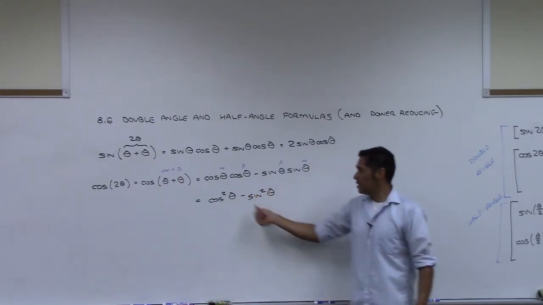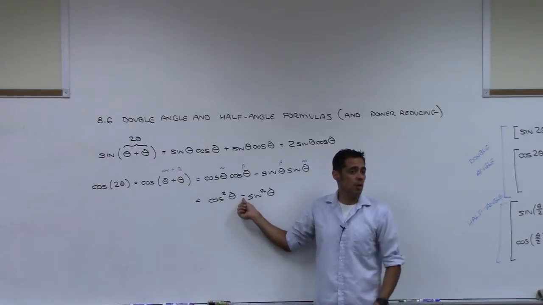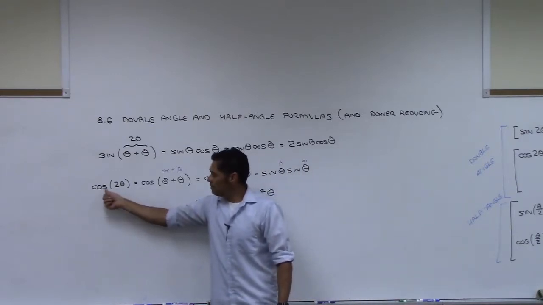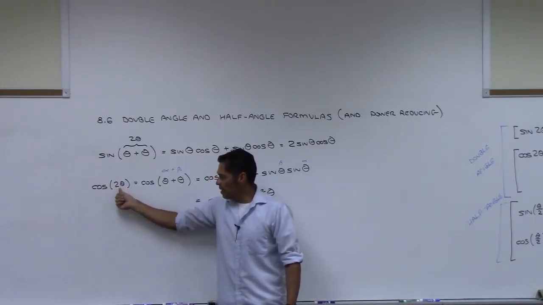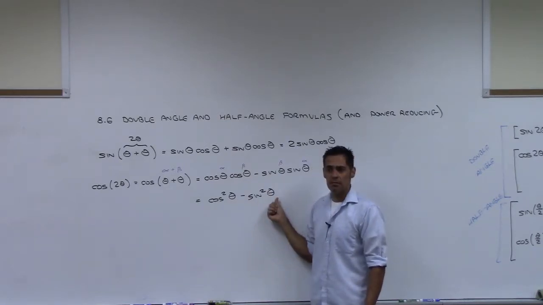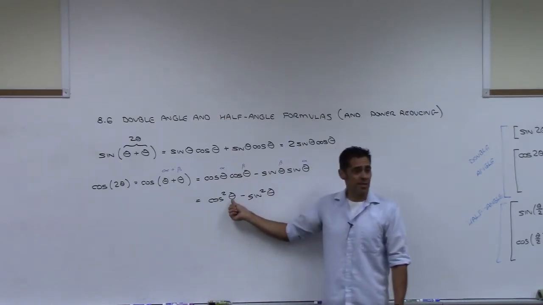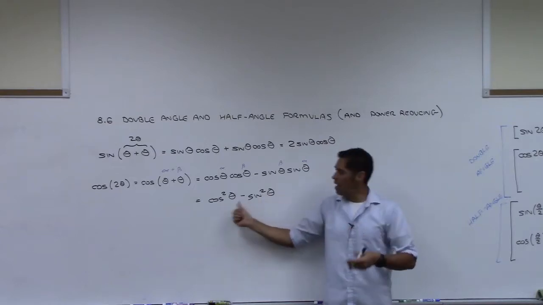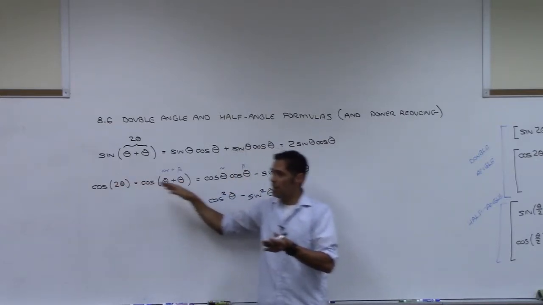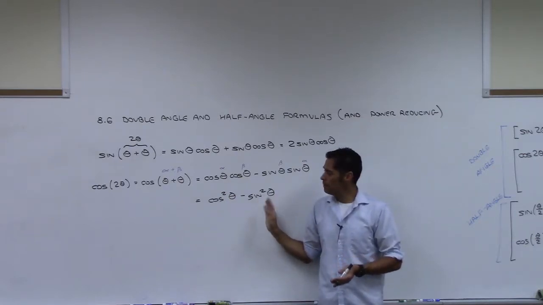Now, look, if this was a plus in here, then the answer would be 1, wouldn't it? Because that would be a Pythagorean identity. But this is subtraction. So cosine of 2 theta can be rewritten as cosine squared theta minus sine squared theta. Notice the arguments again are just thetas now, not 2 thetas. So if you ever needed to get from 2 theta down to theta, you could use this formula.